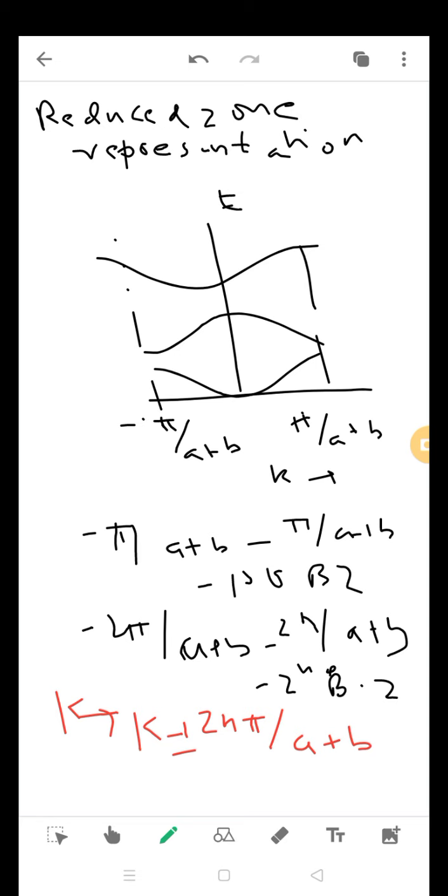Because k is not uniquely defined and it is useful to translate the various segments of the k curve parallel to the k axis. So this is your k axis. We are translating the segments parallel to the k axis by replacing k by k plus minus 2n pi by (a+b). So this is your reduced zone scheme representation.